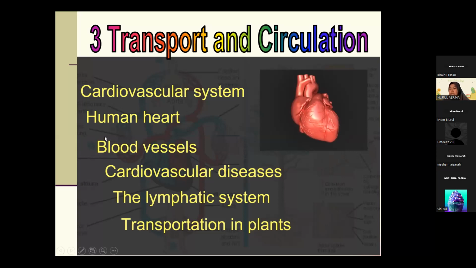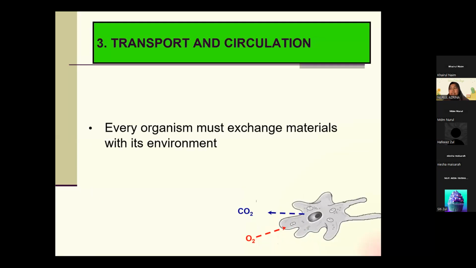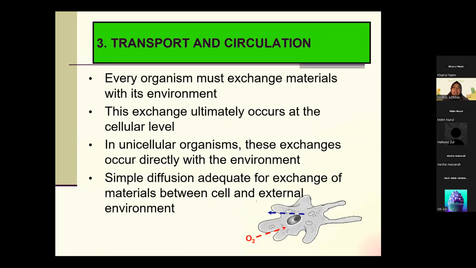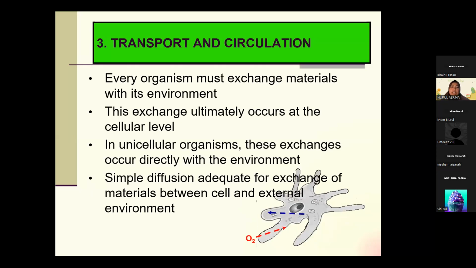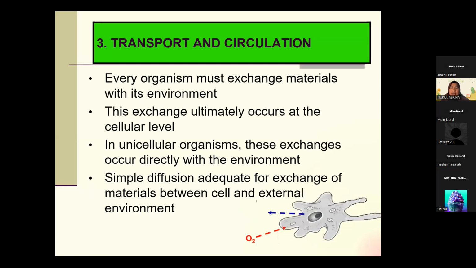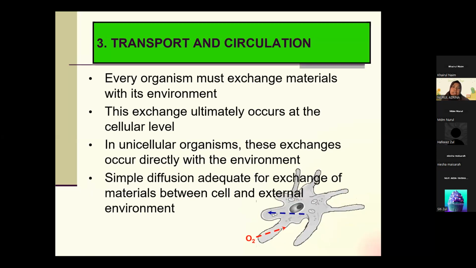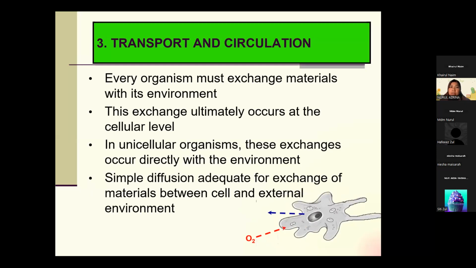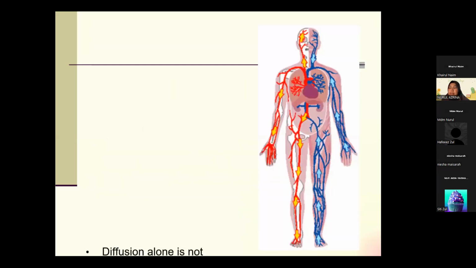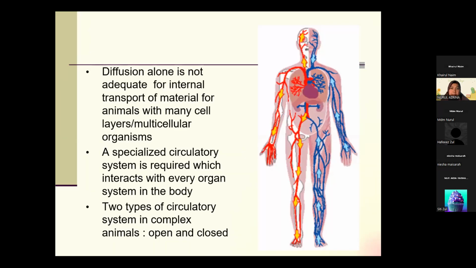Last class, we discussed a little bit of introduction related to the importance of transport and circulation in unicellular and multicellular organisms. Unicellular organisms only require simple diffusion for exchange to take place, but a multicellular organism requires a complex transport system that we call the circulatory system. We discussed there are two types: open circulatory system and closed circulatory system.